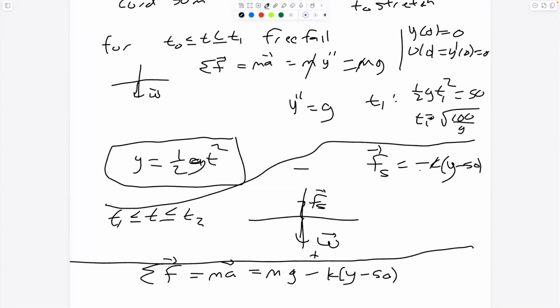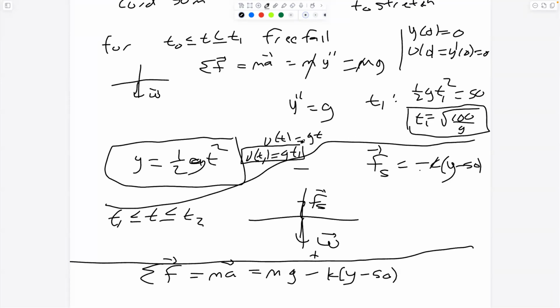That's t1. Now, how are we going to find the velocity? How fast are we going when the cord starts to stretch? Well, velocity is just the derivative of position. So take the derivative, you get v of t, and 2 times 1/2, you just get g times t. So v at t1 would just be g times t1.